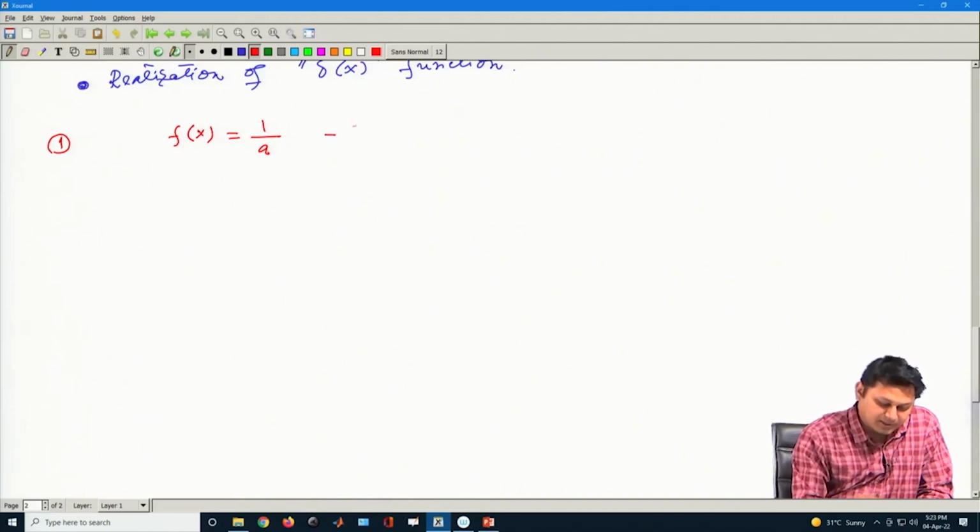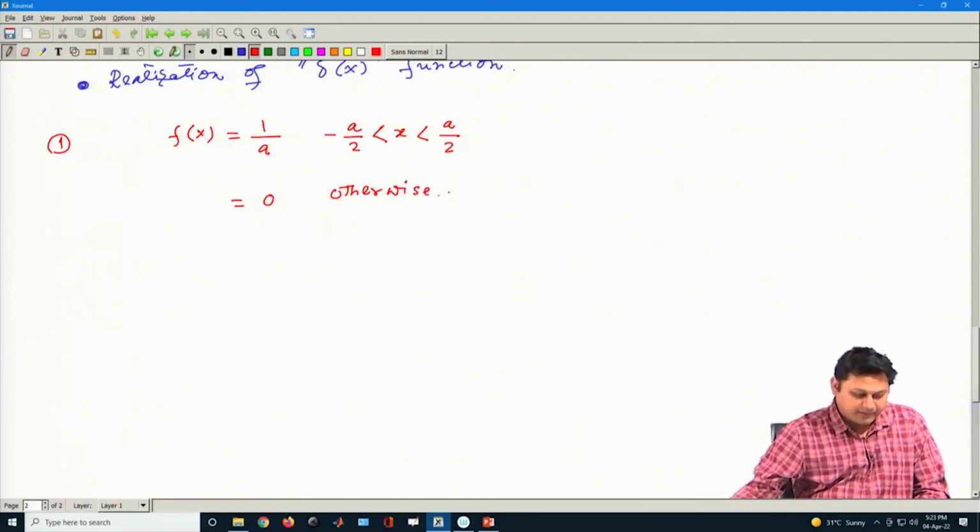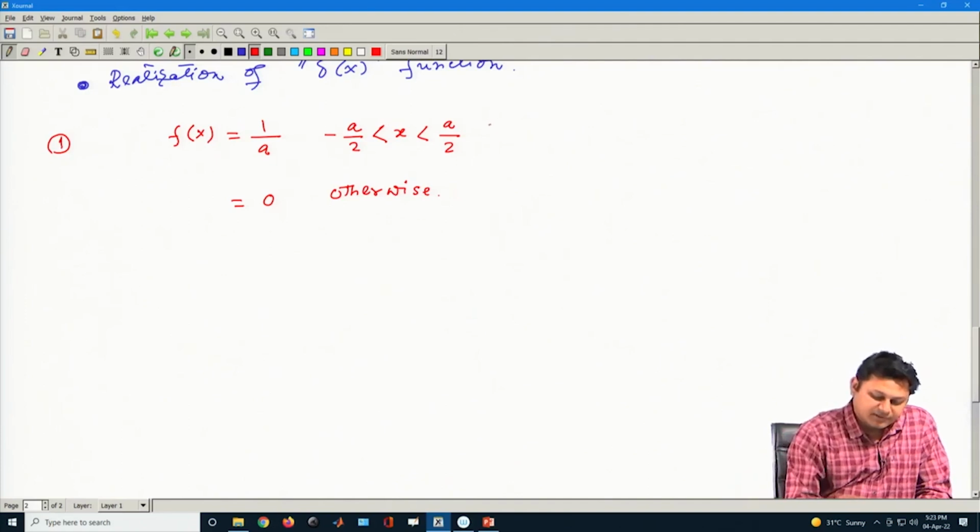It is 1 by a when the x value is in between this limit, and 0 otherwise. This is the way the function is defined mathematically.